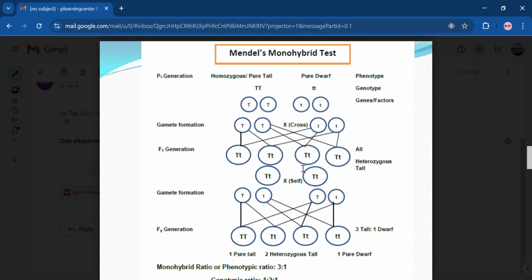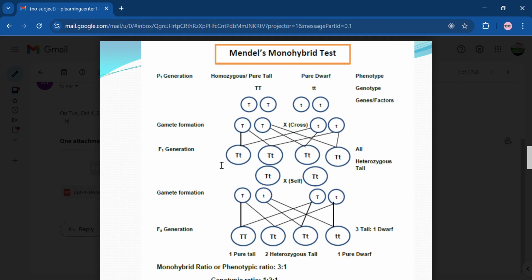F1 generation means the first filial generation, that is, the first generation produced from the parents. The four offspring produced are heterozygous tall, and their genotype is capital T small t.